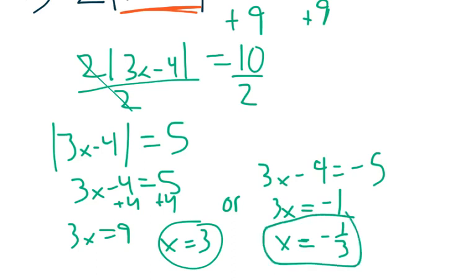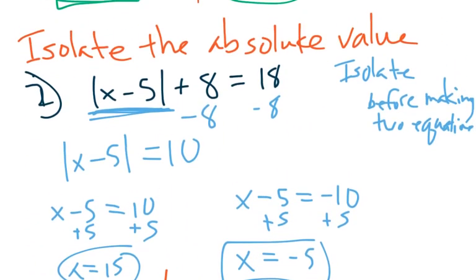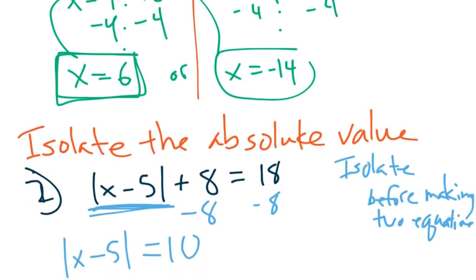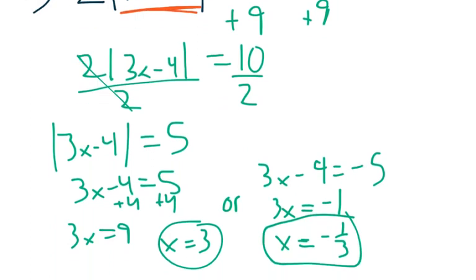Take a good look at our answers. Notice that there is no real pattern to them. All right. Here we have 6 and negative 14, negative 15 and negative 5, and 3 and negative 1/3. The mistake that a lot of people would make is to solve the equation and get this, and then to say, well, it's got to be this, or x equals negative 3.